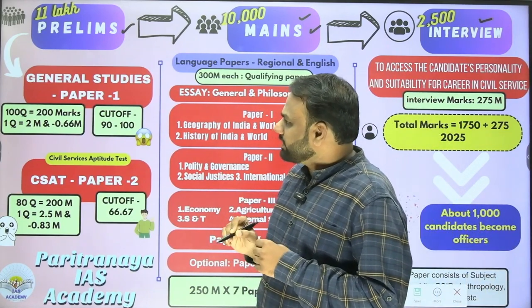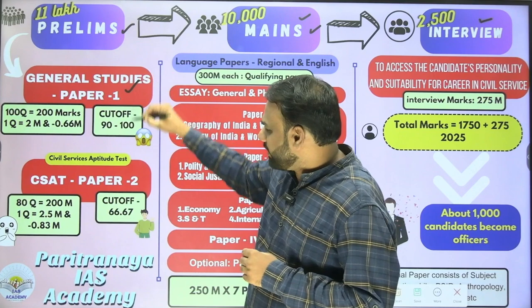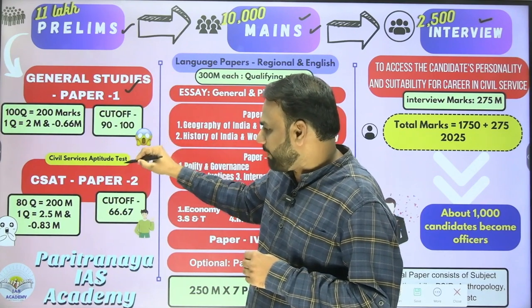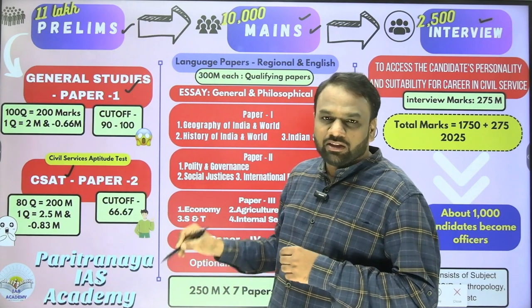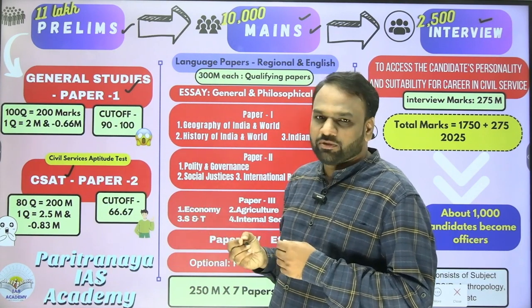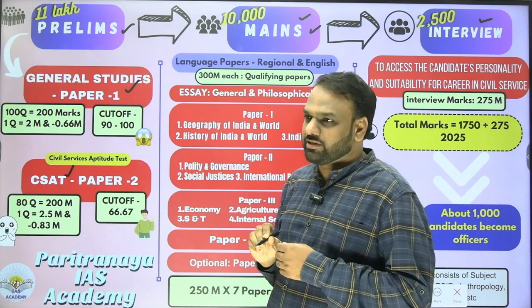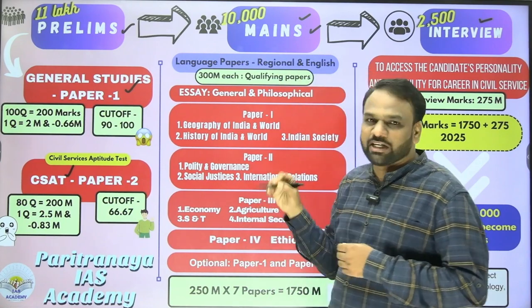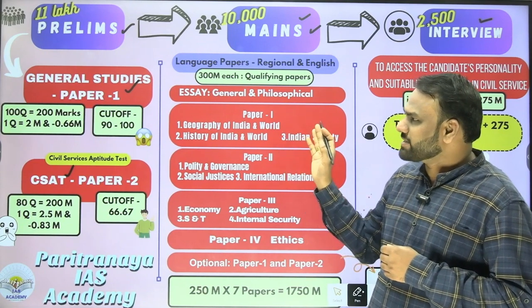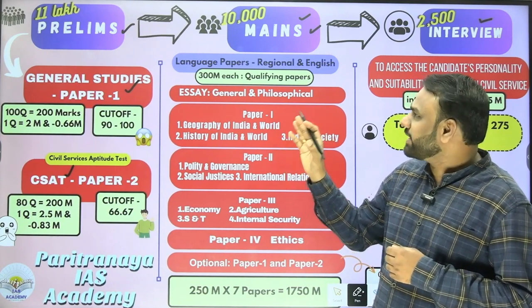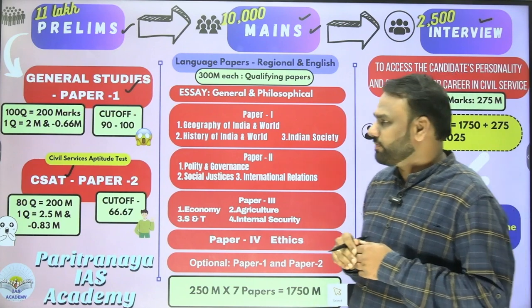In prelims, there are 2 papers, General Studies paper 1 and General Studies and CSAT paper. In prelims, the question paper is of objective type, so we have to tick the answers. Whereas in case of mains, it is subjective type, where we have to write the answers. So let us look step by step at the papers involved in prelims, next mains and finally interview.